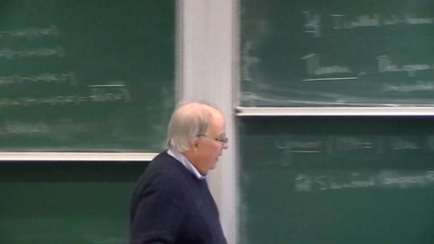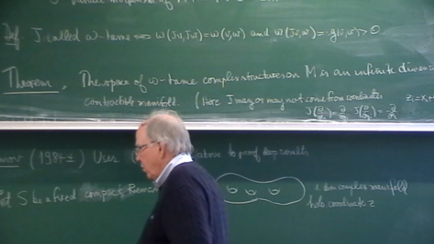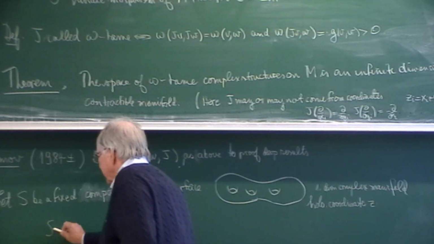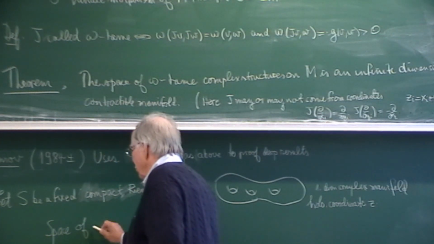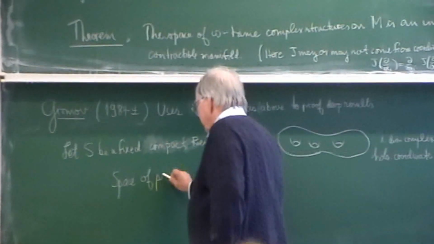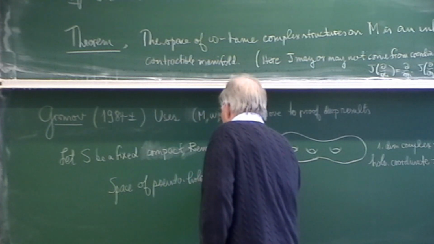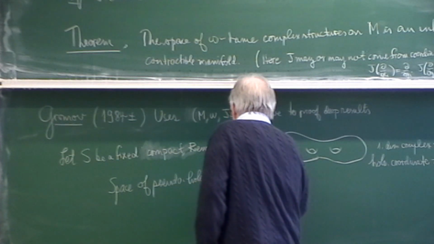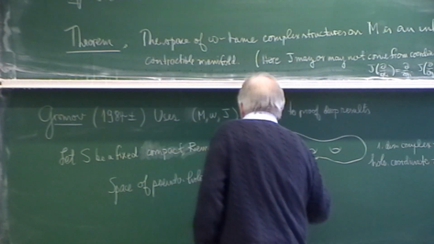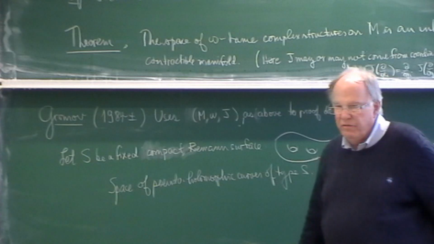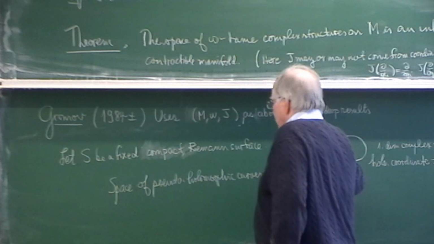Okay, so we're doing that, and now we're looking at fixed surfaces, and now Gromov looks at the space, I'll use his language, in case you ever come across it, of pseudo-holomorphic curves of type S. In fancy language, we fix a homotopy class of the image space and look at mappings of S which are in that homotopy class.